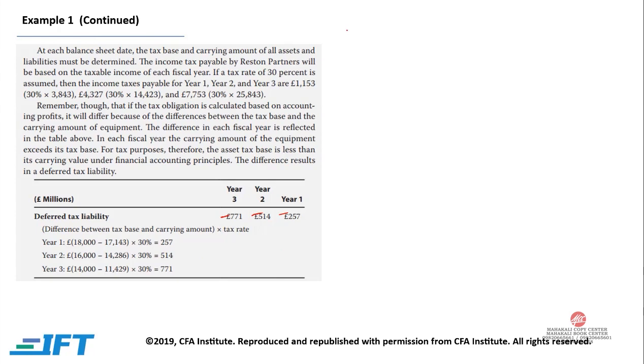But we also need to use this formula in order to find out deferred tax liability, that is your carrying amount minus tax base multiplied by tax rate. Your carrying amount is the carrying amount of your assets according to the accounting book, and the tax base is your carrying amount of the asset according to the tax books.